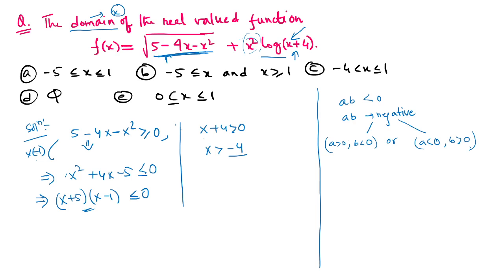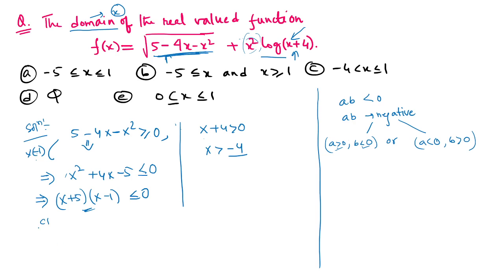There are two cases, because a into b is negative in both. So here we will have two cases.